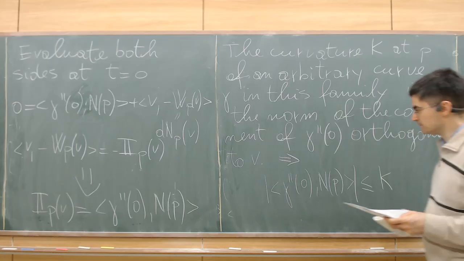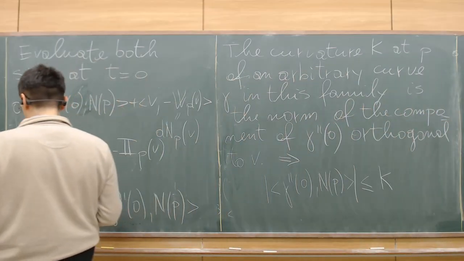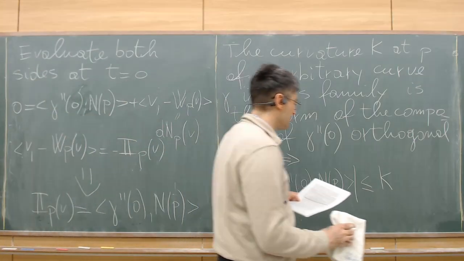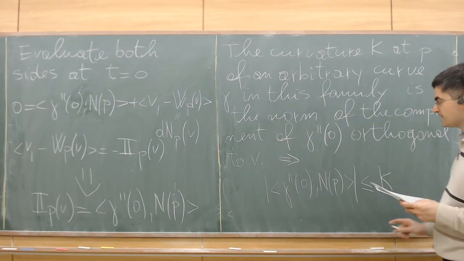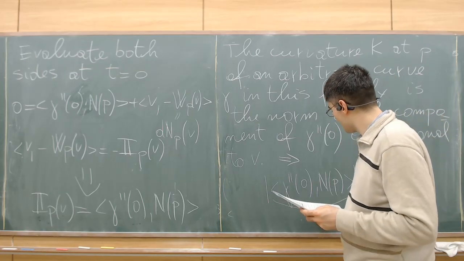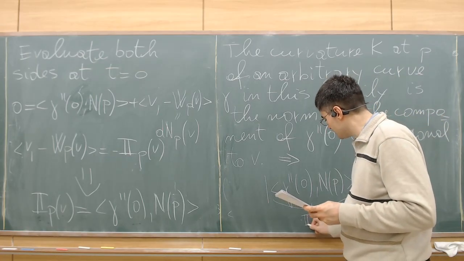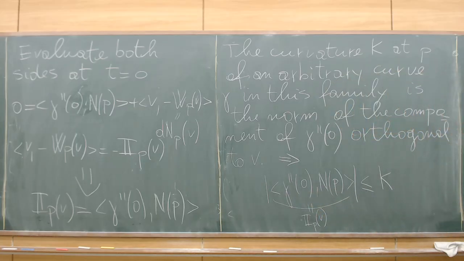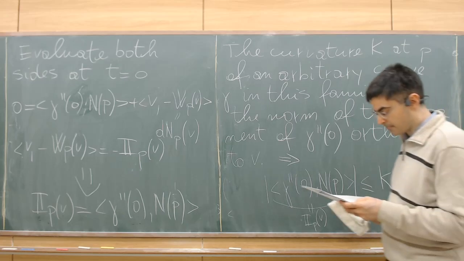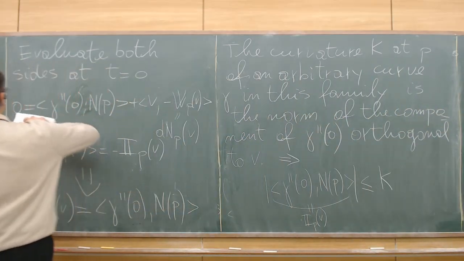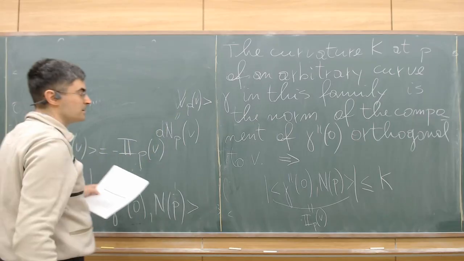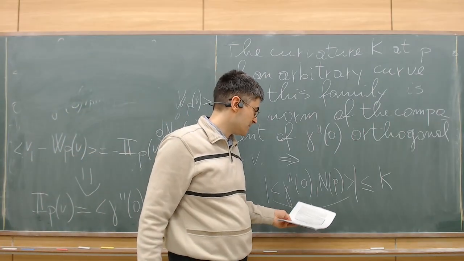Now, we already know that this number is the second fundamental form evaluated at V. In order to prove the second statement, we have to prove that this lower bound is achieved.